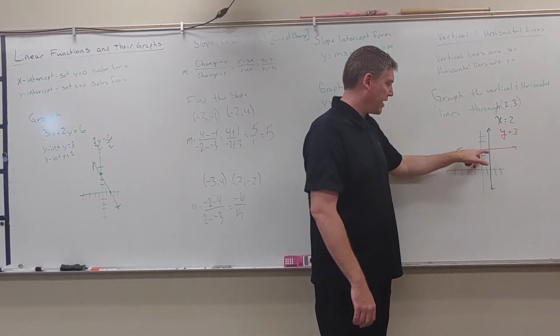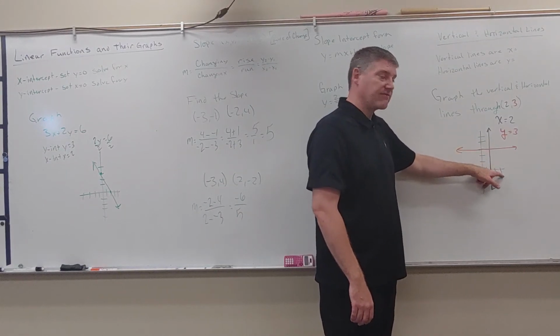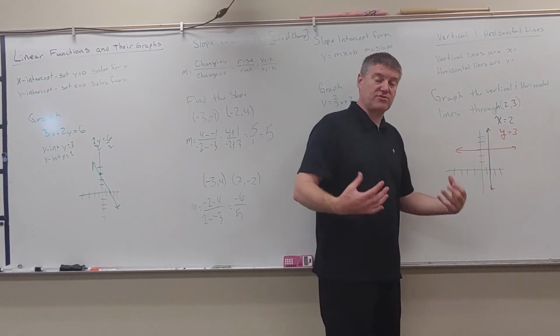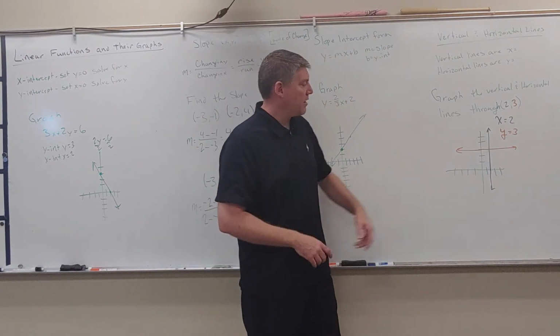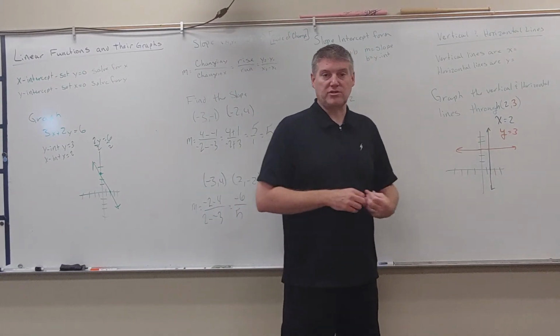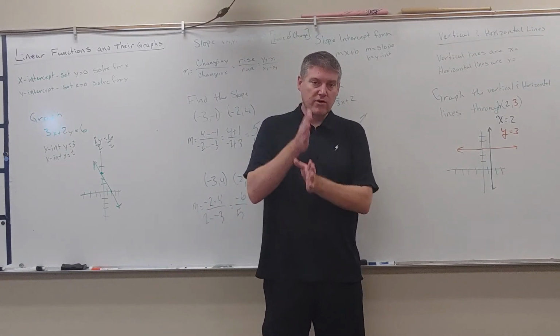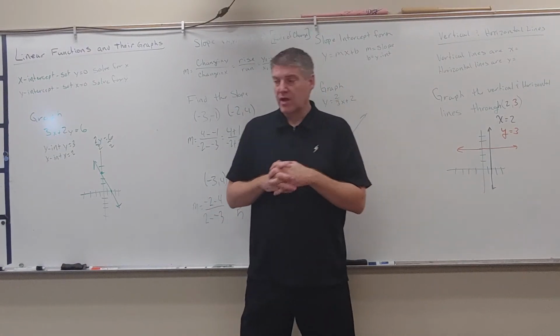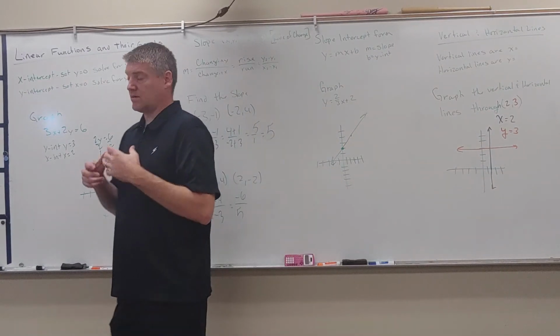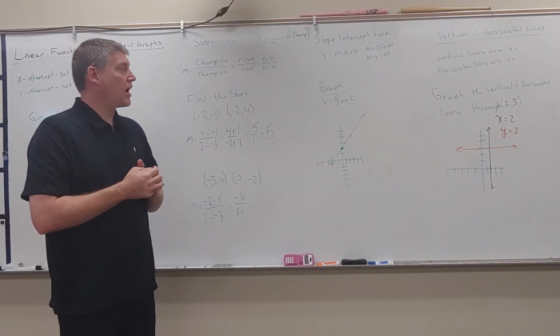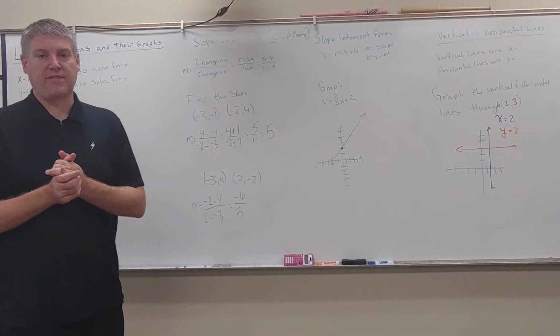At 1, it's 3. At 3, it's 3. At 4, it's 3. At 5, it's 3. At 6, it's 3, and so on. The blue says x is always 2. I don't really care about my y, so that's why it's vertical. Okay, so that's a review on linear functions and their graphs.